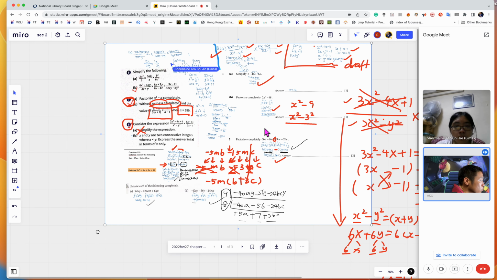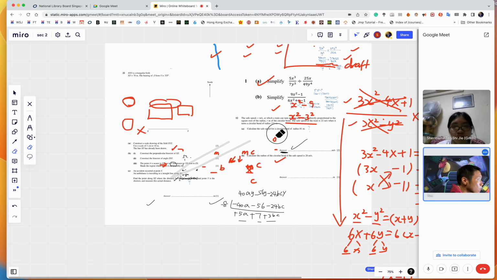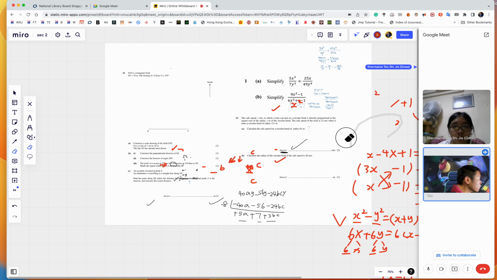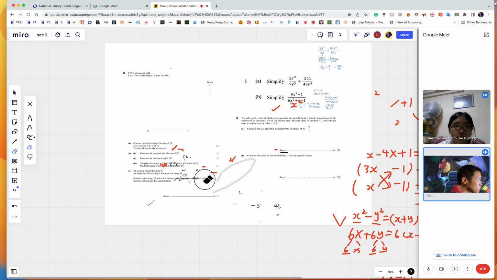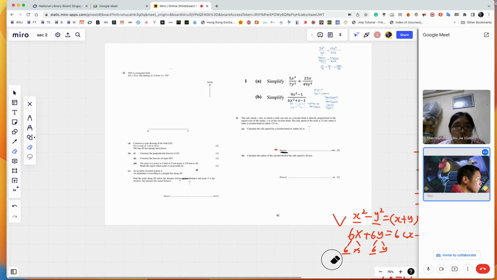Okay, let's go to page 2. Do you see page 2? Can you see page 2 now? Can or cannot? I'm trying to erase. Can you see here? Page 2? Or does it take a while to load on your side? Can you see the question 22? Construction question?